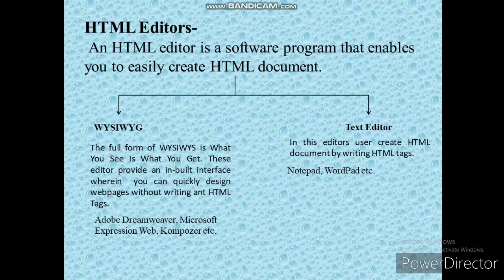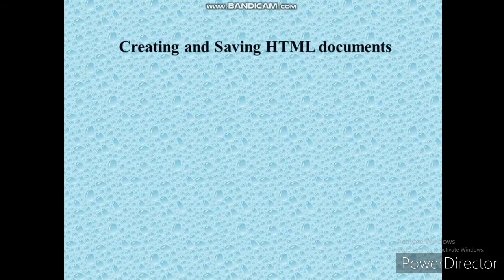Next topic is creating and saving an HTML document. How do we create an HTML document and how do we save HTML documents? For creating an HTML document, we will be using Notepad as the text editor. How do we create it?